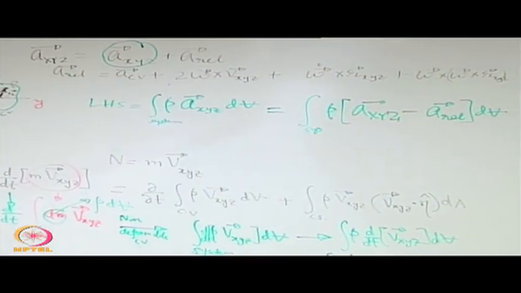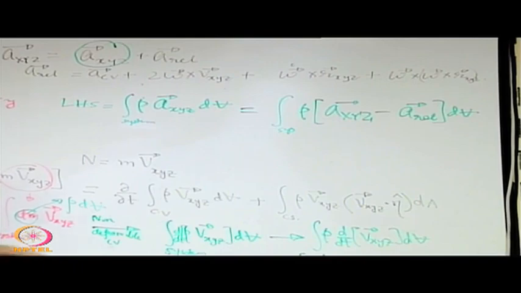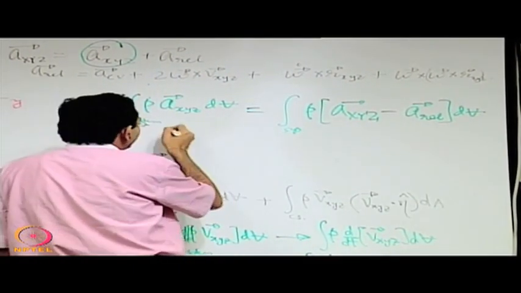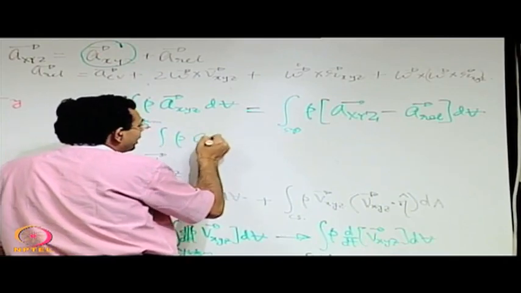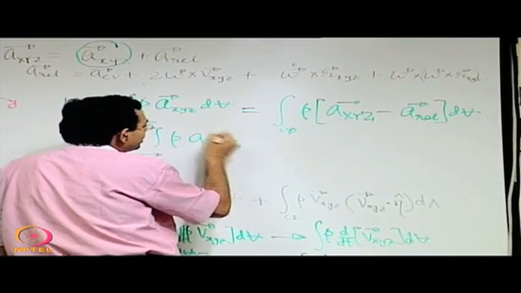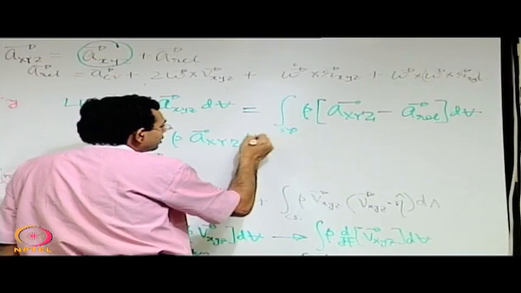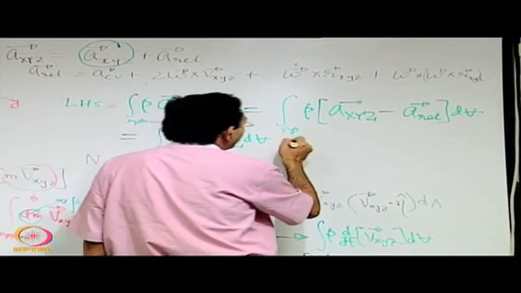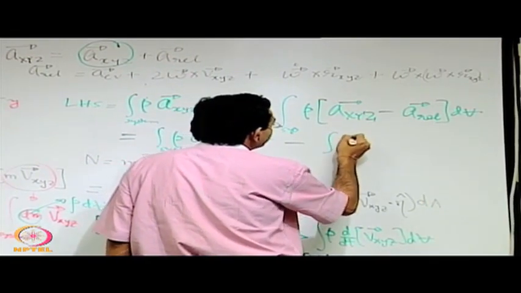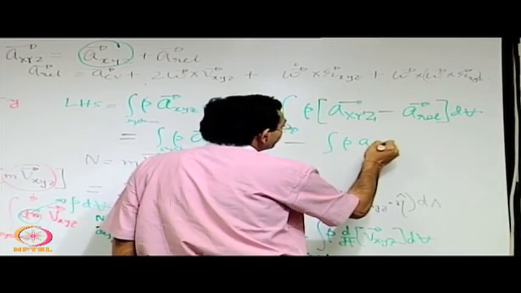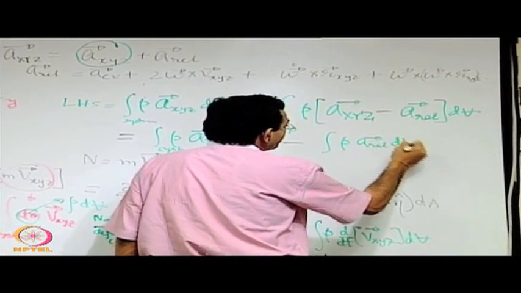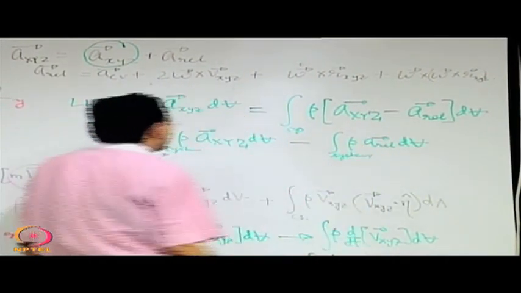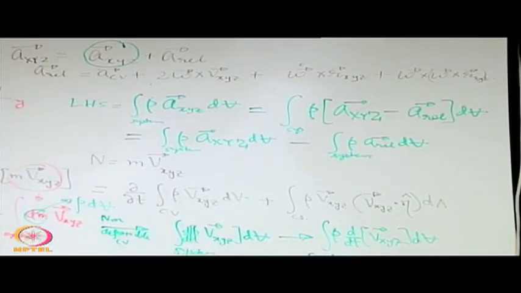So, when you take this integral of rho a capital X y z dV for the system, and minus the other term, then what are the implications of these two terms?